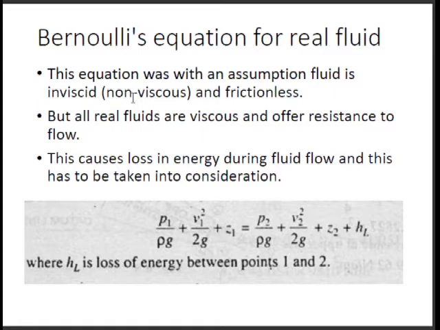Which means there are always some losses in the fluid flow. If we take all these losses into consideration, then the Bernoulli's equation becomes p1 upon rho g plus v1 square upon 2g plus z1 is equal to p2 upon rho g plus v2 square upon 2g plus z2 plus hl.